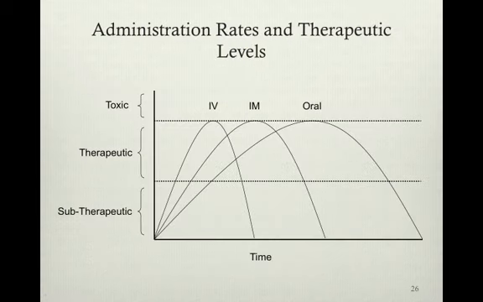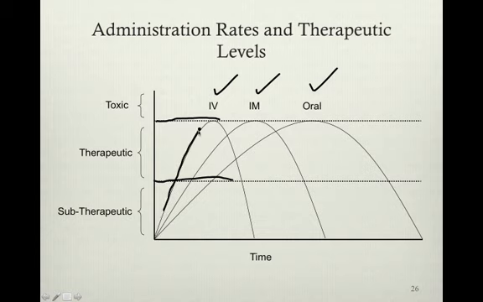Administrative rates and therapeutic levels. So in this graphic here, toxic level would be this one, and the minimal therapeutic concentration would be right here. And this tells you in the different delivery types which one's going to last the longest. So the IV is immediately available.